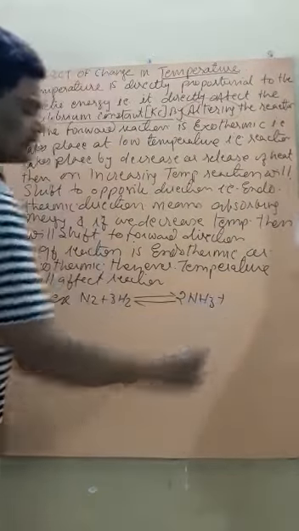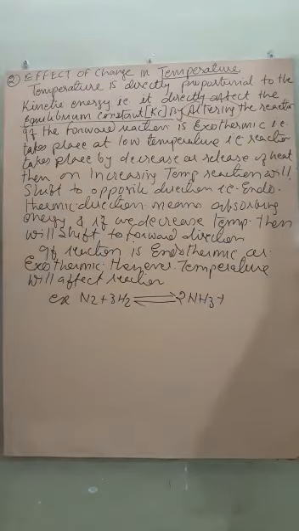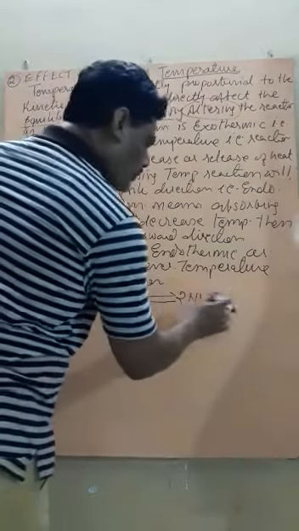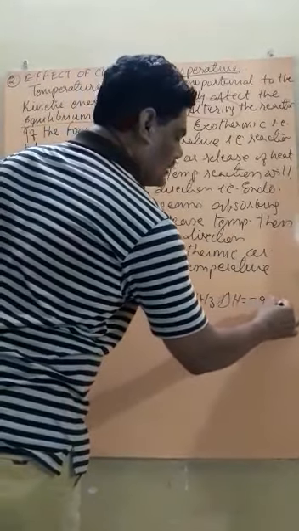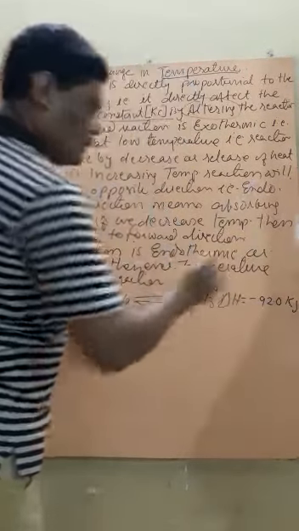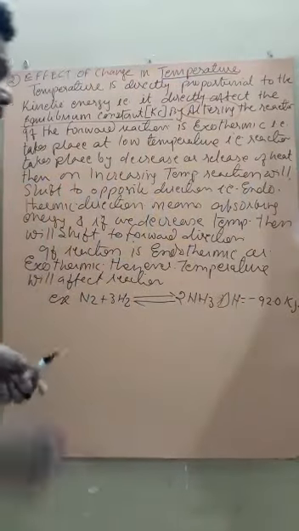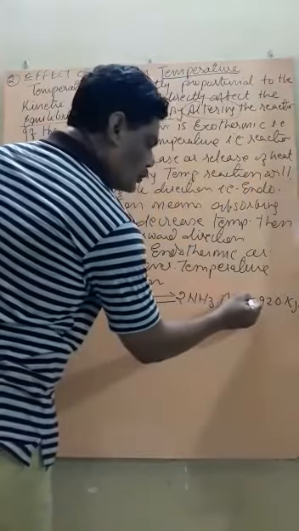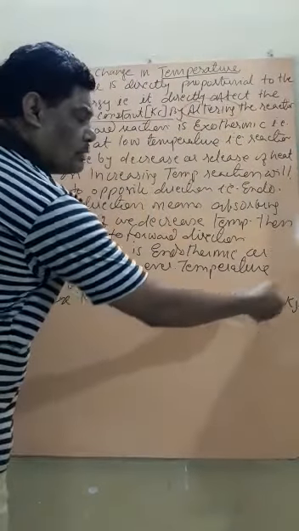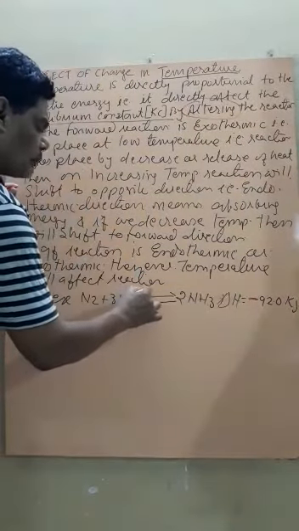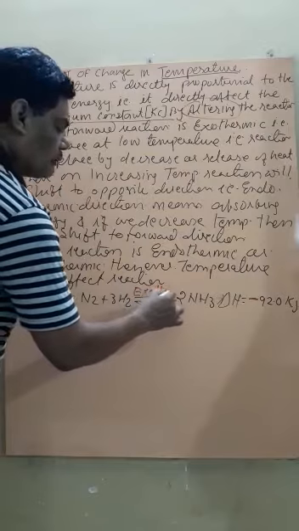2NH3, plus suppose there is a delta H value, that is minus 92.0 kilojoule per mole. Here what it shows? The negative sign shows that the forward process is exothermic. Negative means exothermic. So the forward process becomes what? Exothermic.